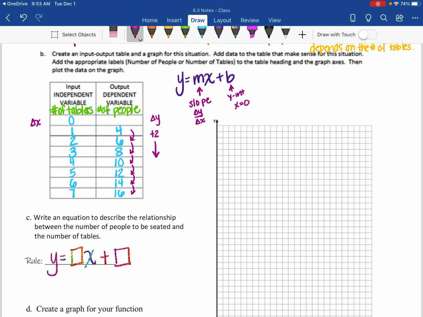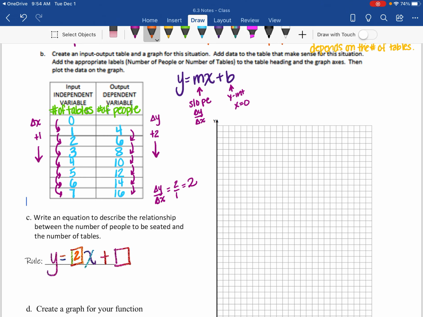Our change in x, as we move through the table, is +1 all the way down. Okay, so then we take those two values and we divide them. 2 divided by 1 gives us 2. And that is our slope.